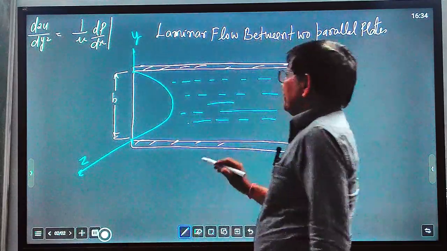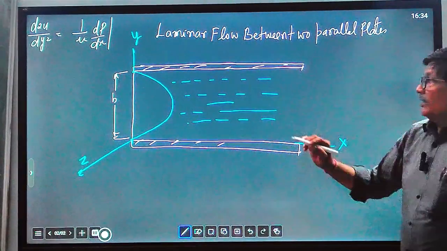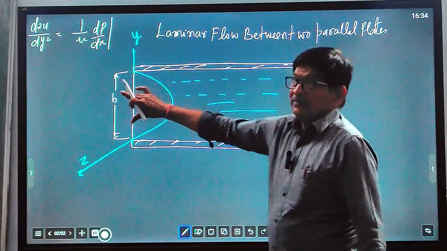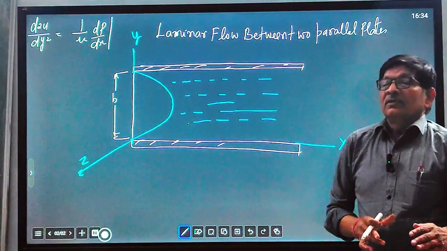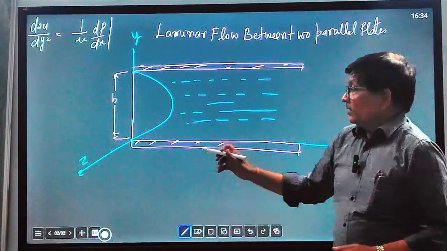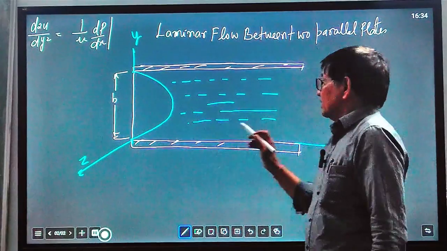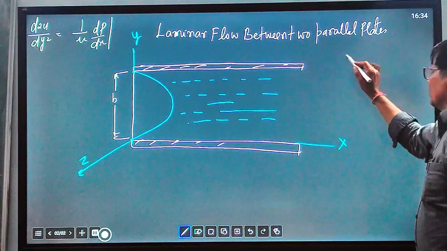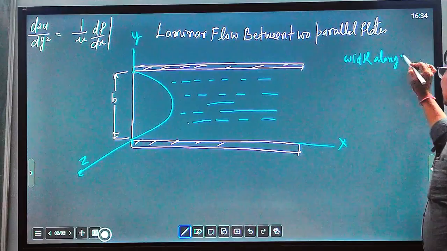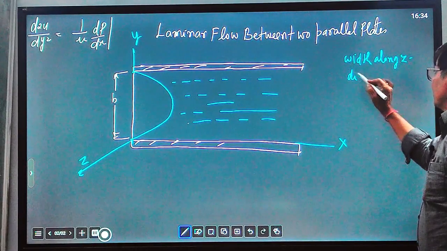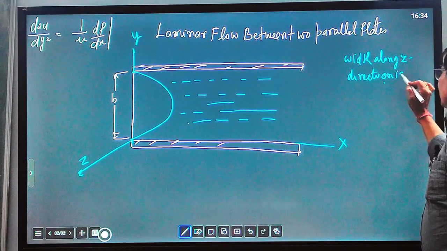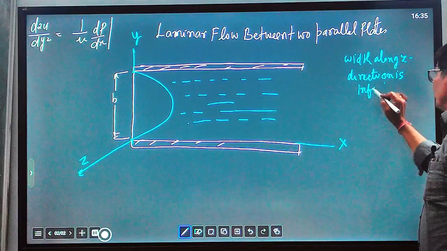So the length of the plate is appreciable and this is the y direction. The width of the plate is also significant, and along the z direction the width is infinite, meaning very large.